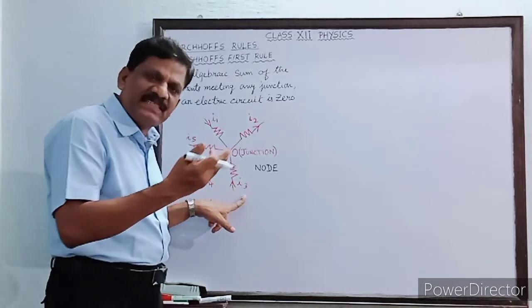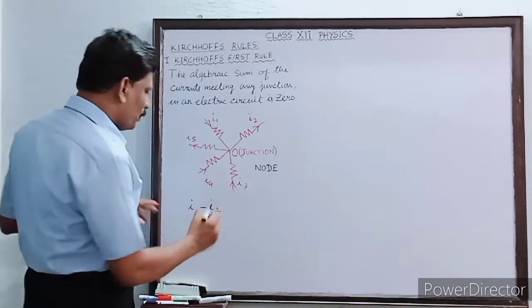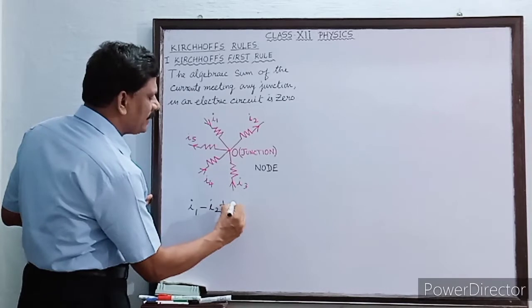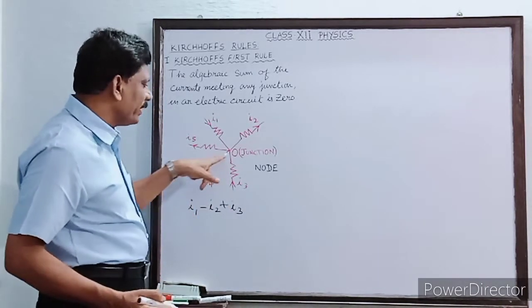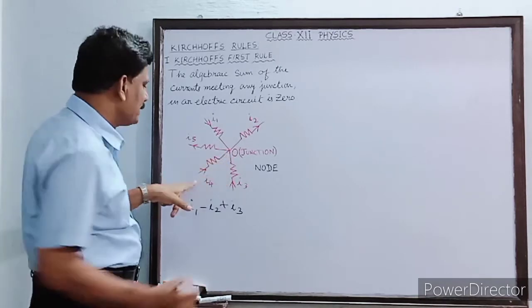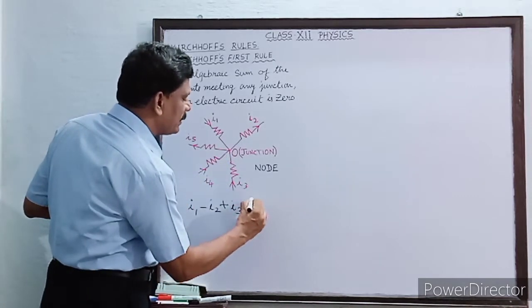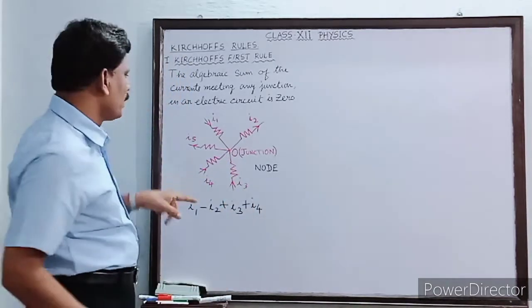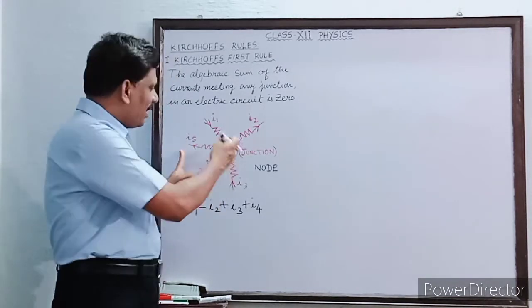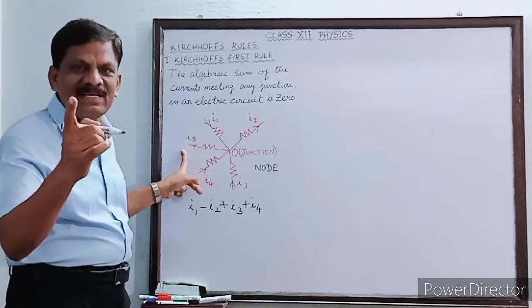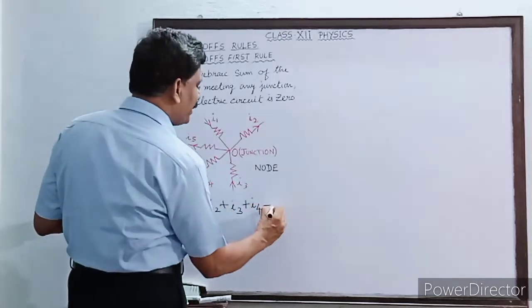It is flowing towards the junction. It is positive, so this is plus I3. What about I4? It is also flowing towards the junction O and hence I4 is also positive. What about I5? It is leaving the junction, coming away from the junction. So it must be negative.